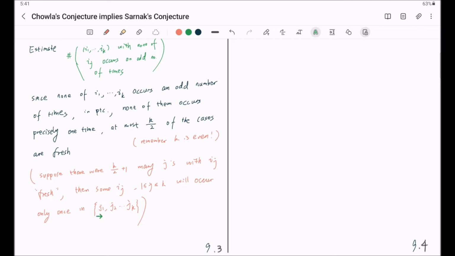Why will this happen? This is because if there are more than half many j's with Ij fresh, then the rest of them will be less than half, which means they will not be able to cover all those more than half many fresh ones.